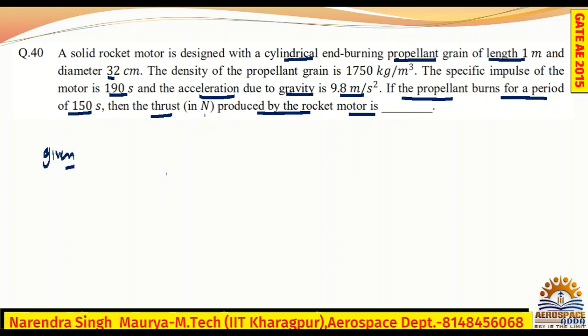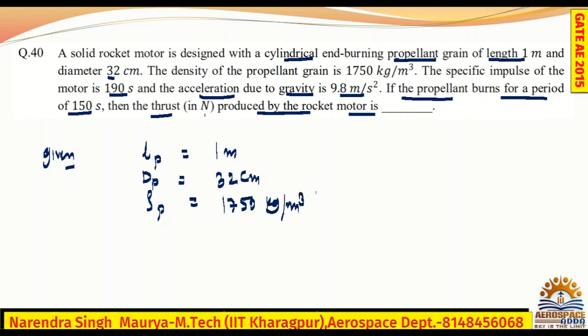What have they given? Length of the propellant LP, it is 1 meter. Diameter of propellant, 32 centimeter. Density of the propellant, 1750 kg per meter cube.